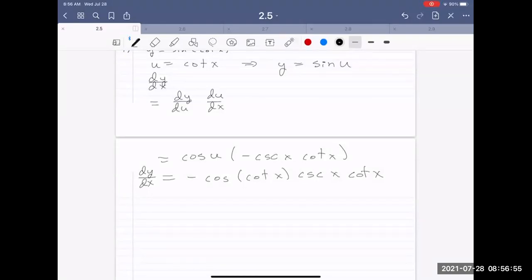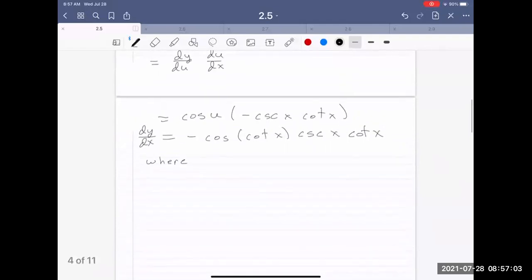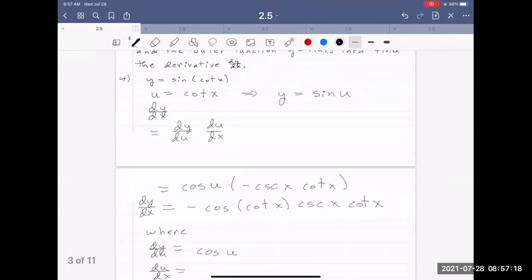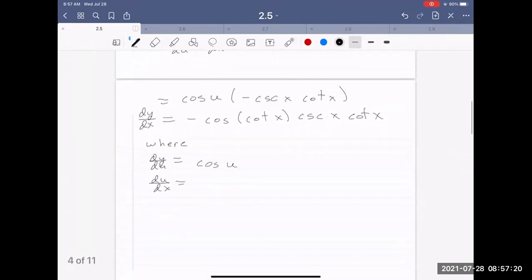Oh, I guess I should actually say this, that I've used the following fact, that dy over du is cosine u, and that du over dx was minus cosecant x, cotangent x.